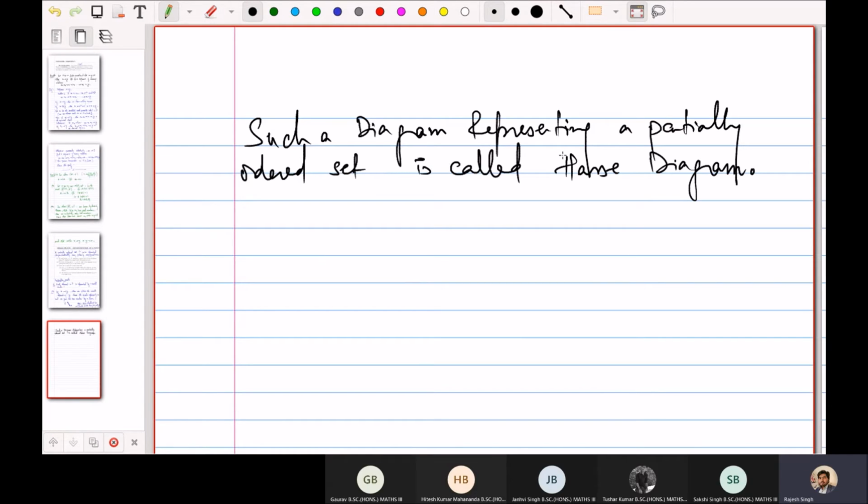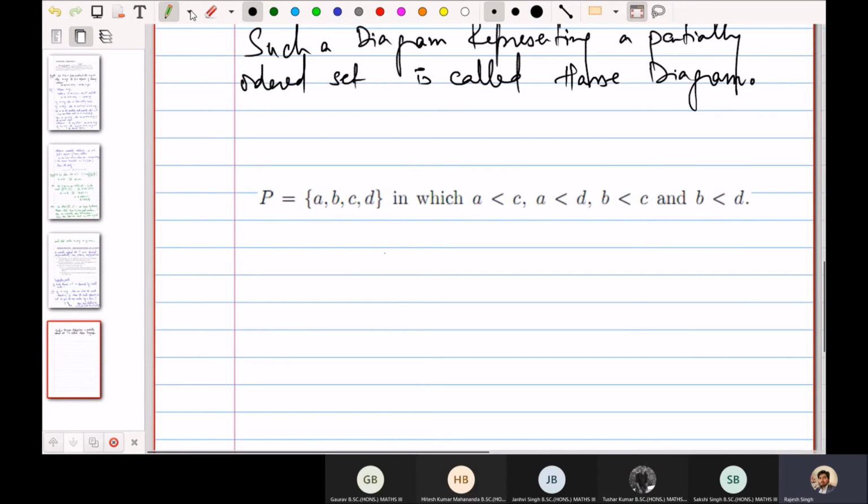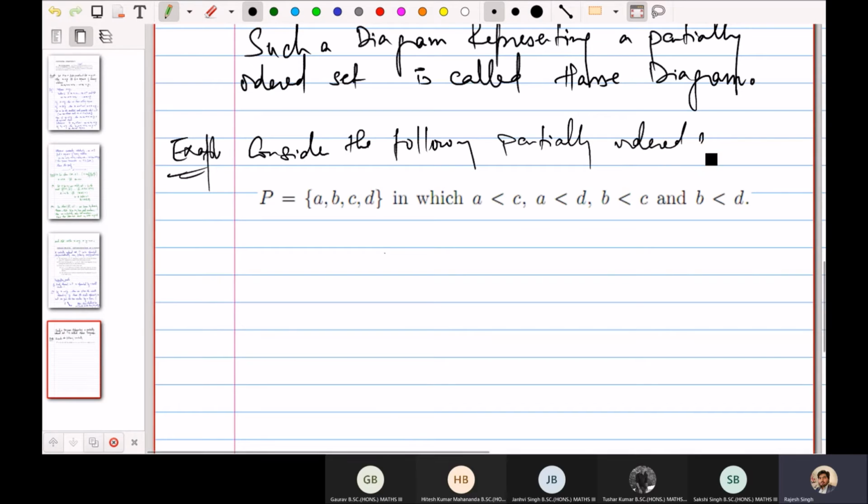And so example, consider the following partially ordered set. So इसकी क्या डायग्राम बनेगी यहाँ पे? Here we have A is smaller than C, A is smaller than D, B is smaller than C, B is smaller than D.